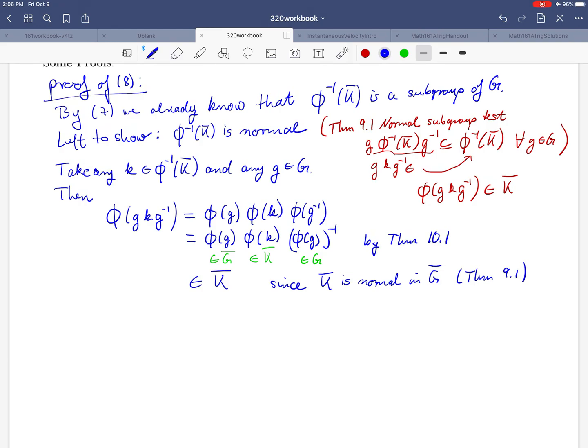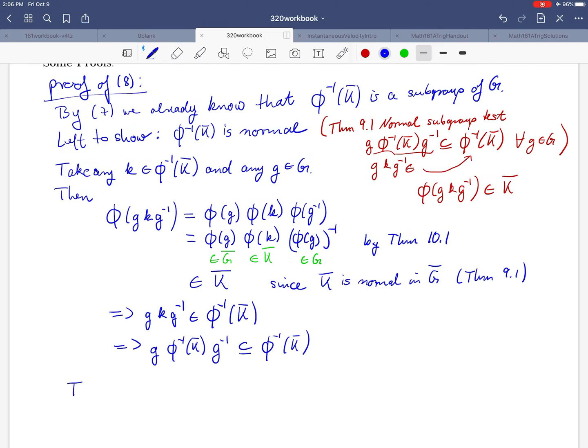All right, so we have shown that phi of G, K, G inverse is an element in K bar, but that tells us then that G, K, G inverse is an element in phi inverse of K bar, and that tells us that G, phi inverse of K bar, G inverse, is a subset of phi inverse of K bar, and that's what we wanted to show.